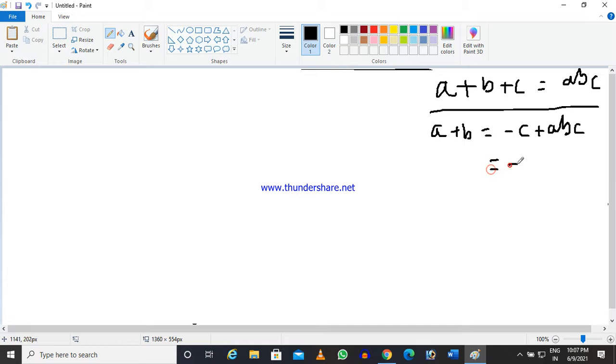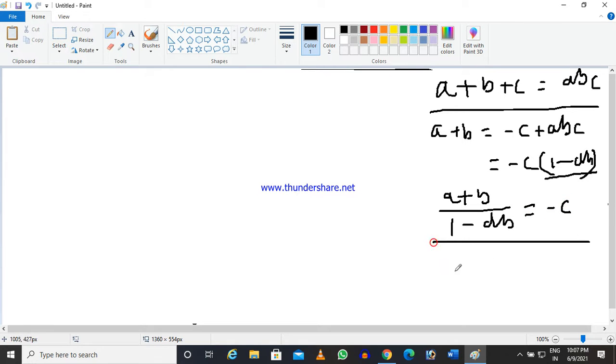If I take minus c common, it is minus c into 1 minus ab. Now if you take that 1 minus ab down, a plus b by 1 minus ab is equal to minus c.